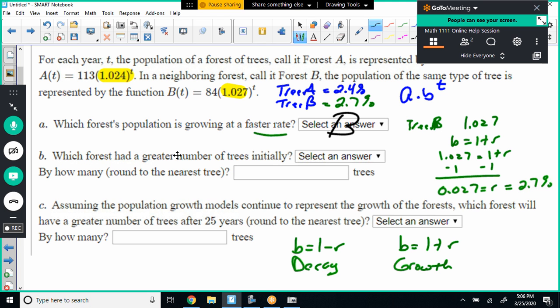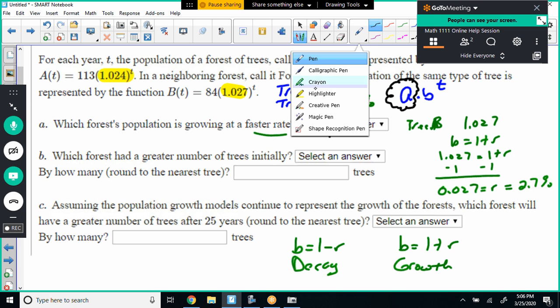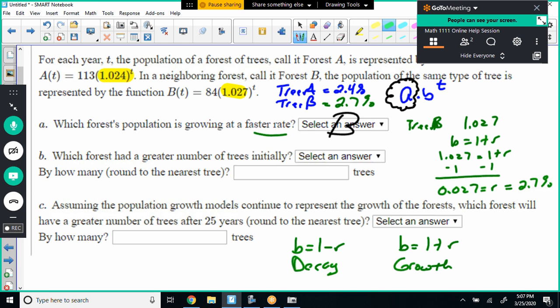Now, which forest had the greatest number of initial trees? Well, in a times b raised to t, a is the initial amount. I have 113 for forest A and 84 initial trees for forest B. Who has the greatest number of trees in the beginning? A, with 113.